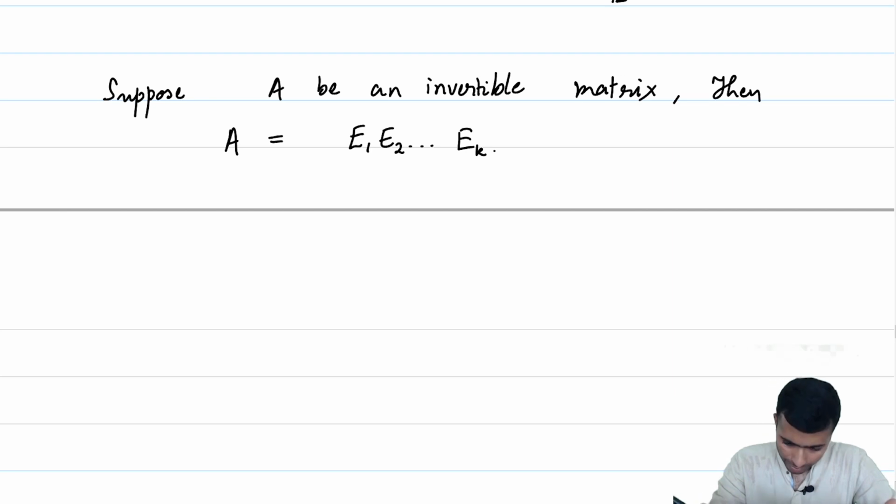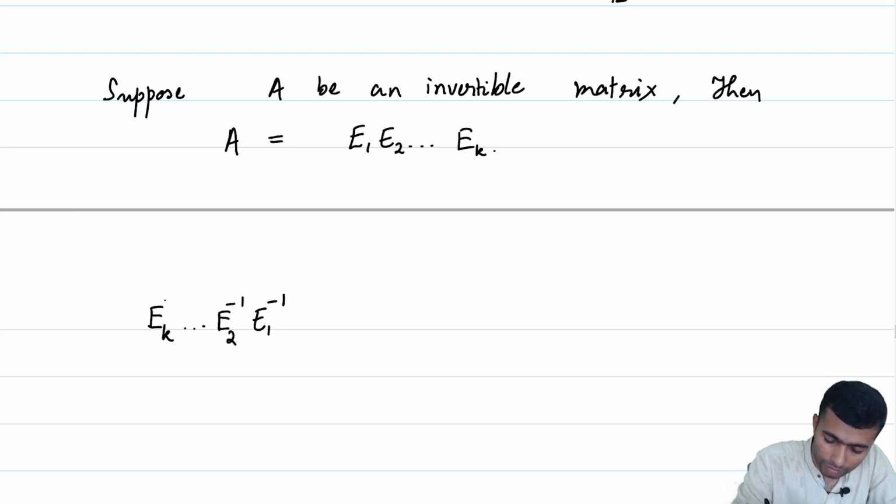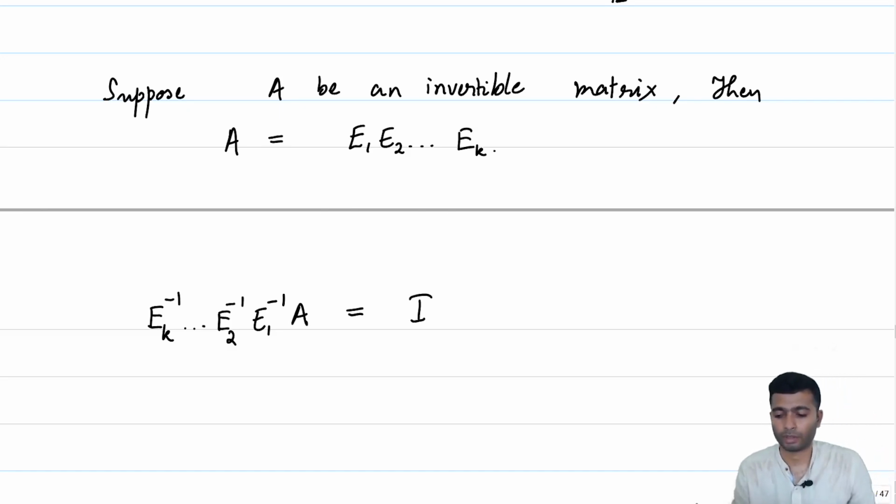Now, if you take an elementary matrix and look at its inverse, what we get back is also an elementary matrix. So, if we multiply to the left of A by E1 inverse, E2 inverse, Ek inverse times A, this will just give us the n cross n identity matrix.